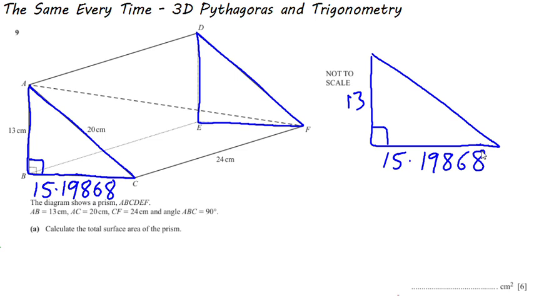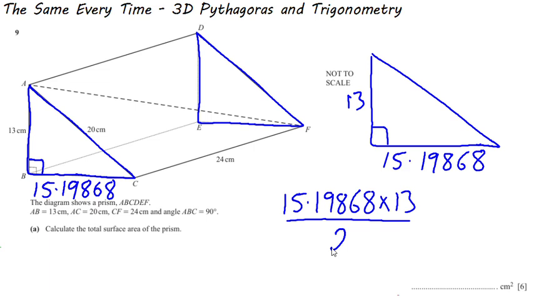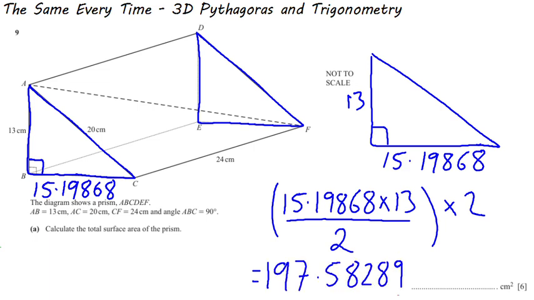For this one, we need the area of this triangle, which is base times height divided by 2. Because we have one of those triangles at the front and one at the back, I need to multiply that answer by 2, and that will give me 197.58289.